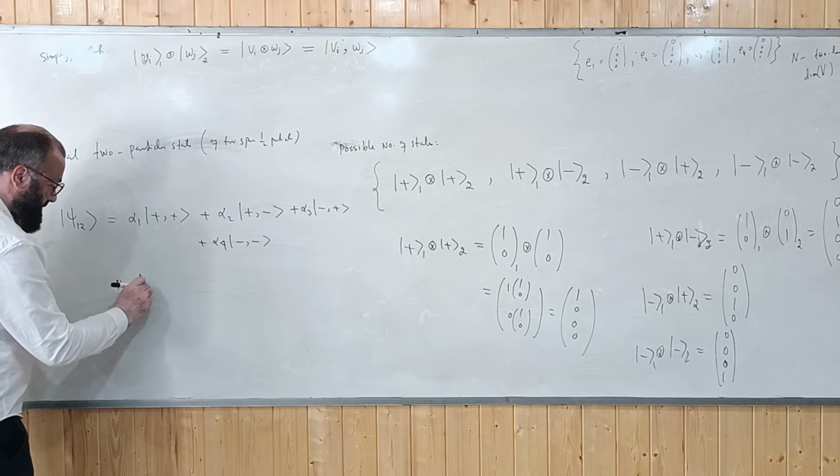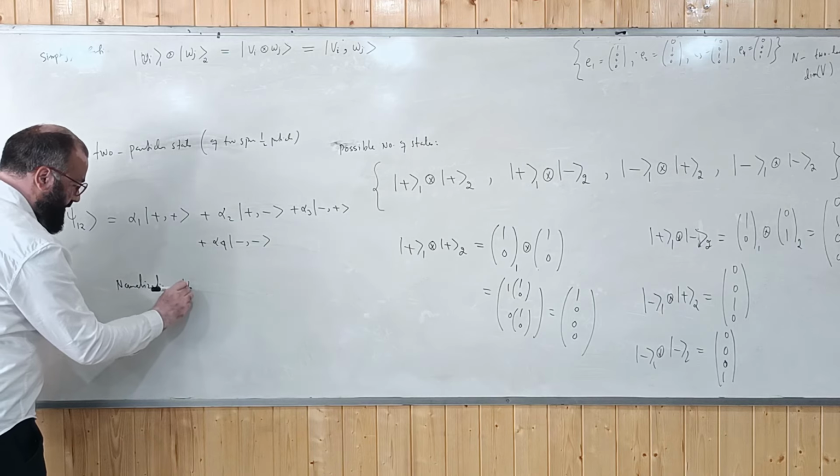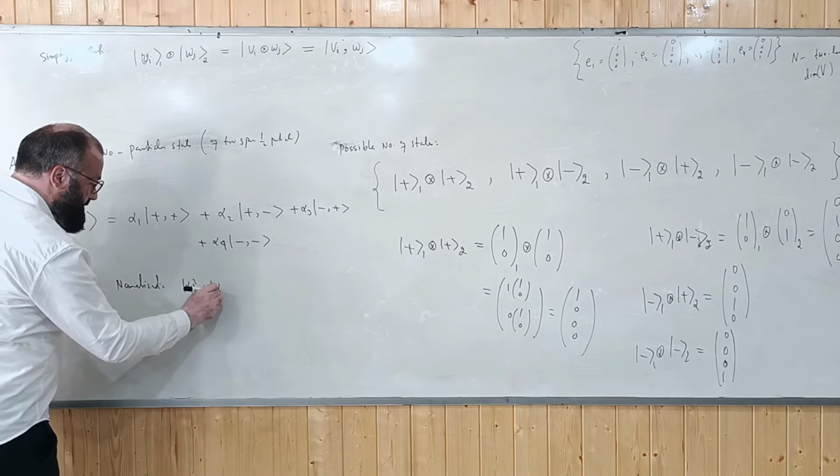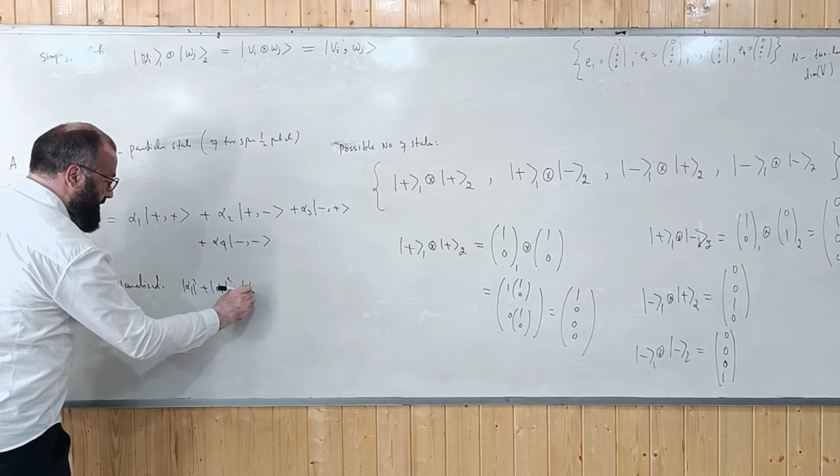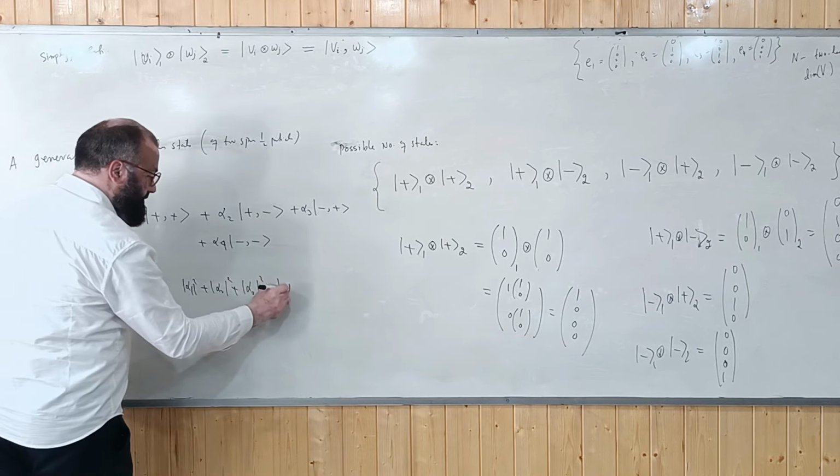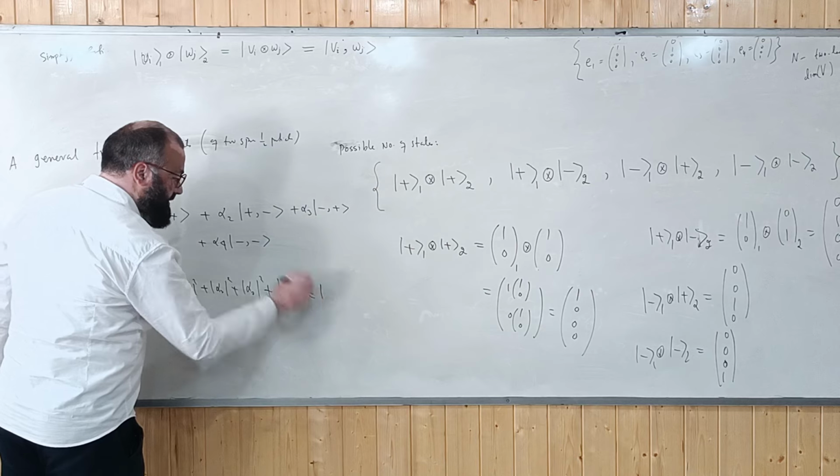If it is a normalized object, then mod of alpha 1 squared plus mod of alpha 2 squared plus mod of alpha 3 squared plus mod of alpha 4 squared is equal to 1.